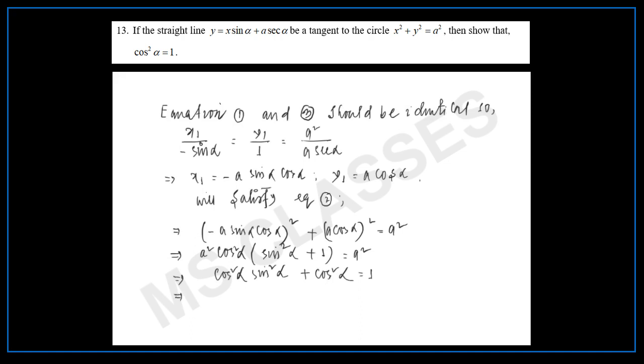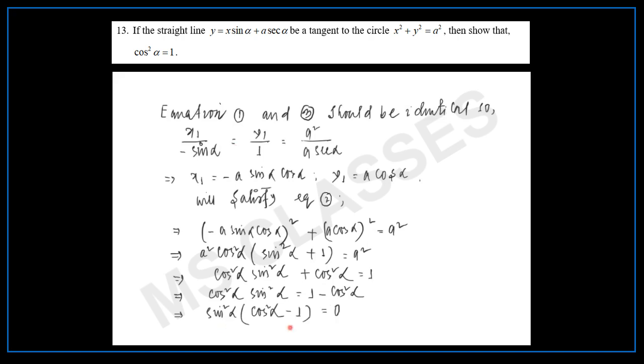And from this we get cos square alpha sine square alpha equal to 1 minus cos square alpha. Now 1 minus cos square alpha will give us sine square alpha. So from these two terms we can take sine square alpha common and we get cos square alpha minus 1 equal to 0.